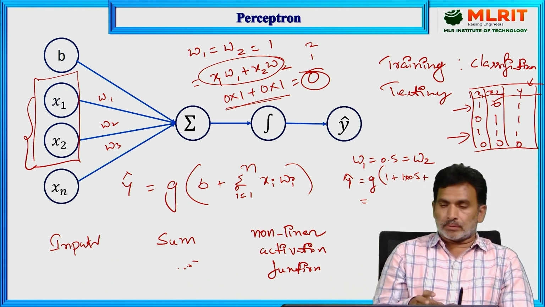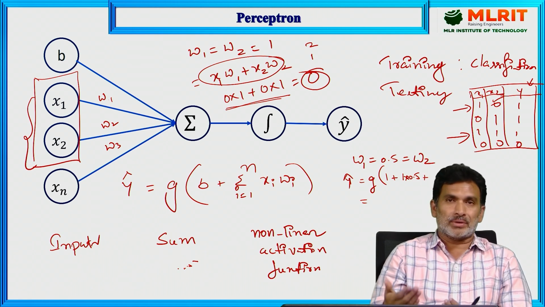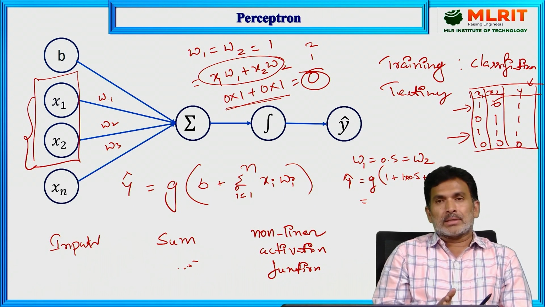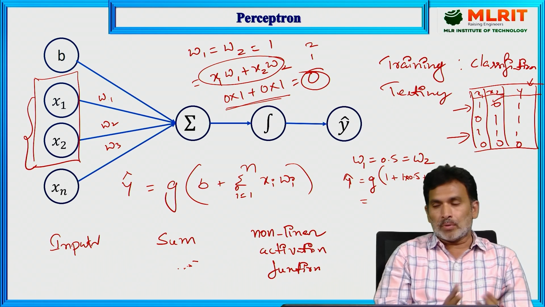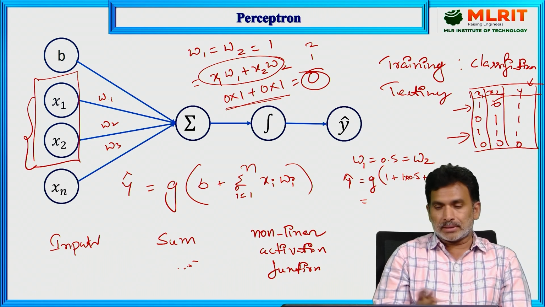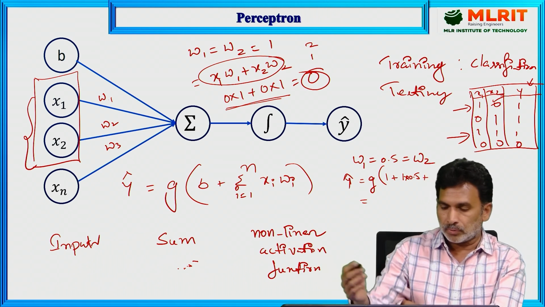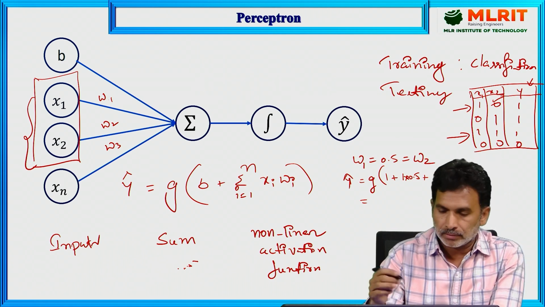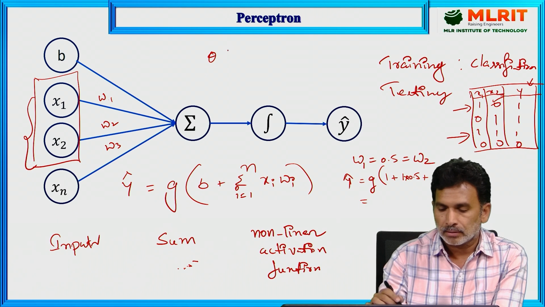We have to define a threshold, or whatever activation function we are going to define. That activation function should be designed in such a way that it produces 1 if any one input is 1, or the sum is 1 or more. Suppose the threshold is defined using theta. Then theta should be greater than or equal to 1.